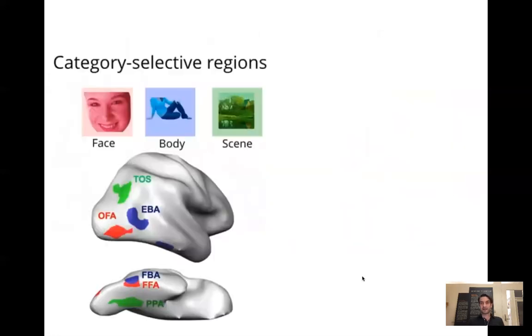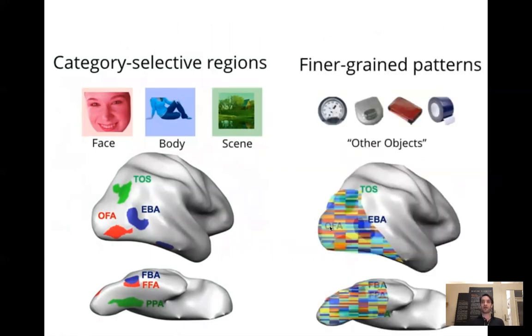So the idea that I want you to walk away with is just this notion that you have some category selective regions that allow you to represent items like faces, bodies, scenes, there's also words. And then beyond those category selective regions, you have these finer grained patterns that allow you to represent this more diverse set of objects, like a Discman or duct tape or a wallet or whatever it is, okay?